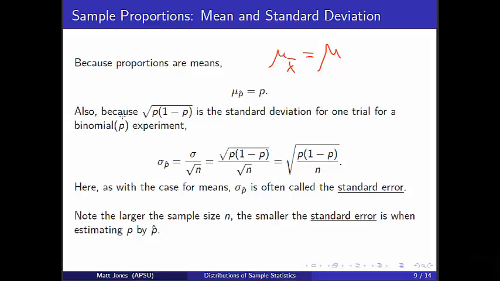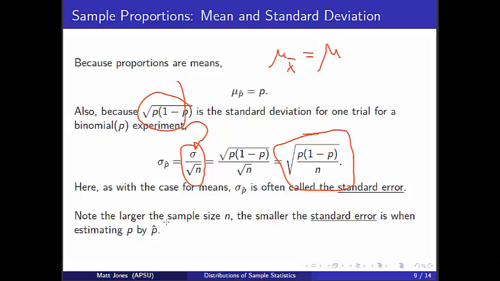Also, remember, all this stuff is the standard deviation for one trial of a binomial experiment with success probability p. Then remember this is how you get the standard deviation for the random sample mean. Well, then I just take this and stick it in there for sigma, and voila, this is my formula for the standard deviation of the random sample proportion, also called the standard error.